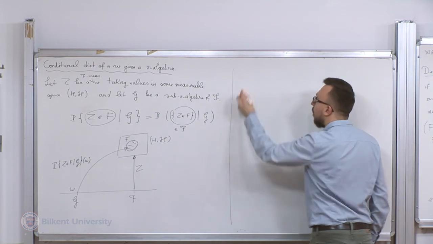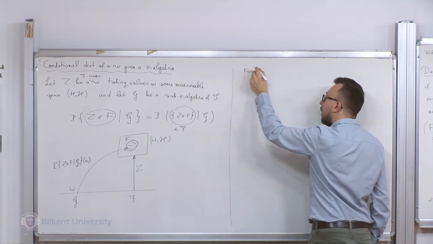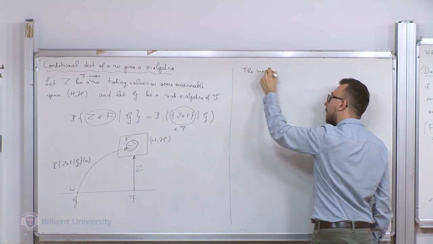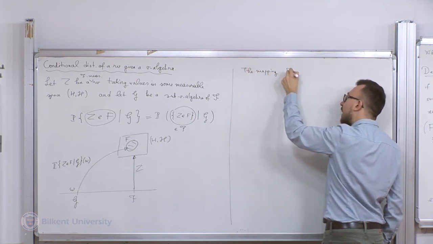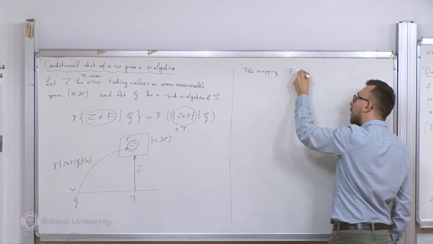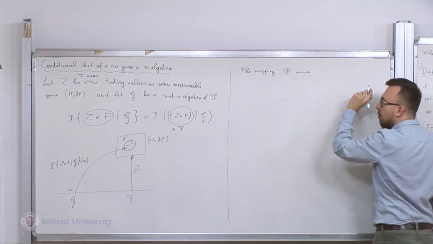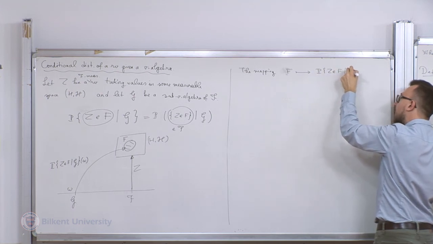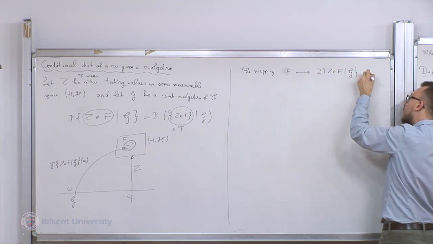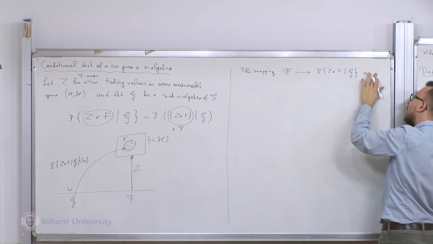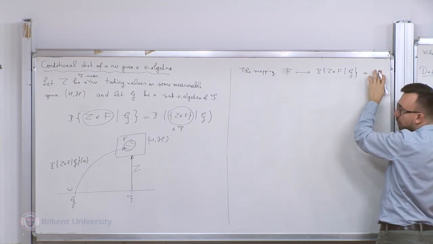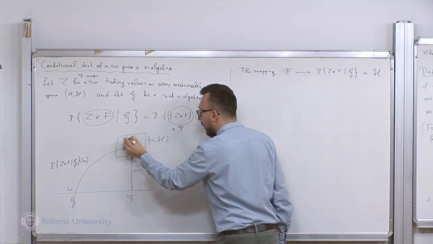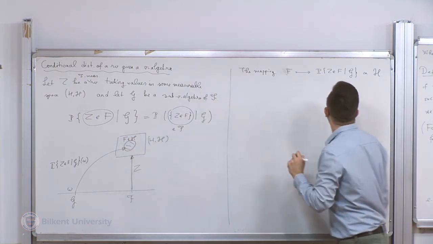So let's say, the mapping from F to the conditional probability of Z in F given G, this is a mapping on H. F is taken from H, from the image space.